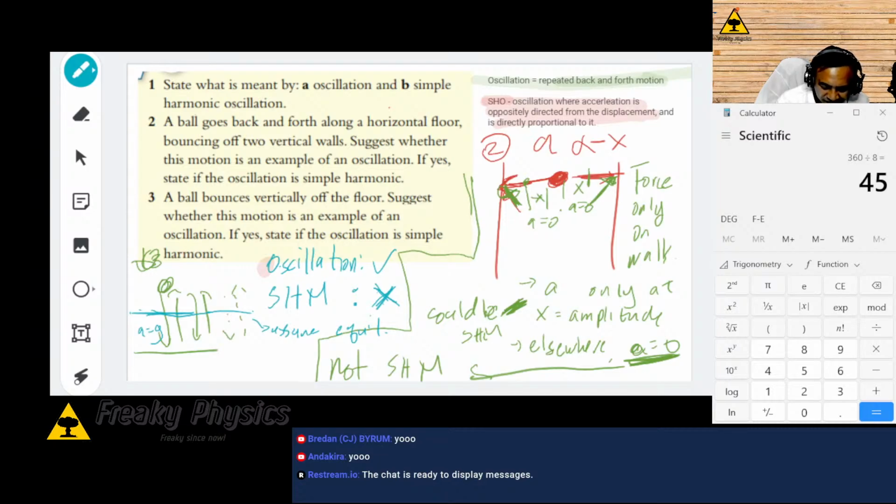Oh, it's still 9.81, isn't it? Exactly. Still 9.81, still g. And then here at the floor, the acceleration is not equal to g, but also not equal to 0, right? So what's our problem here? Go back to the simple harmonic oscillation equation.